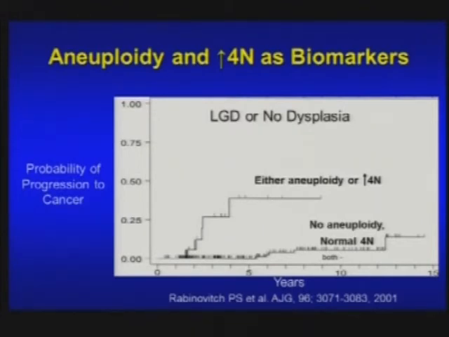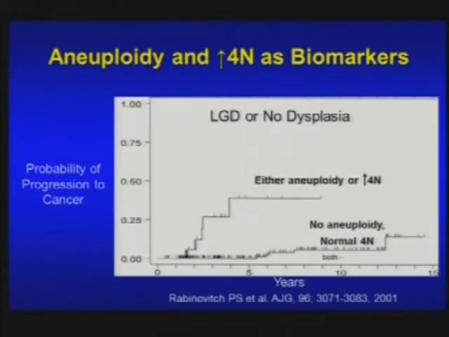They looked at these biomarkers in patients whose biopsies had low-grade dysplasia or just showed no dysplasia, so non-dysplastic Barrett's metaplasia. They took biopsies during surveillance. They then ran the markers on the first initial biopsy, and they followed patients over time. And they had biopsies during the progression to cancer.